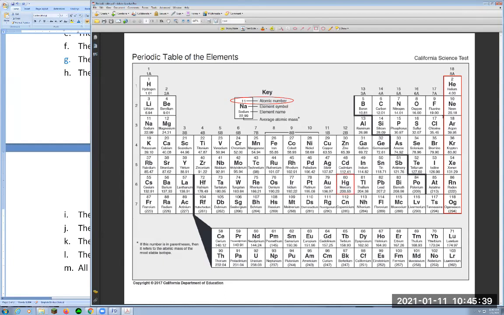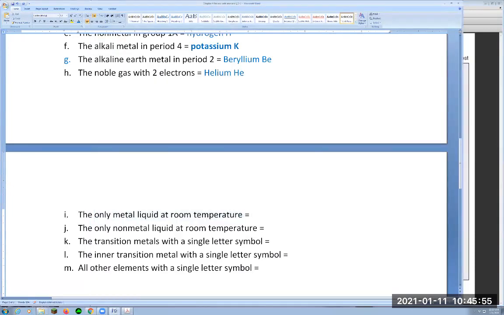This is not shown in my periodic table here, but some periodic tables show the physical state with colors, for example. And the only liquid metal at room temperature is mercury. You see mercury being used in barometers. It looks like a shiny silver, and it's very heavy. It has a density of about 13 grams per milliliter, which makes it quite dense.